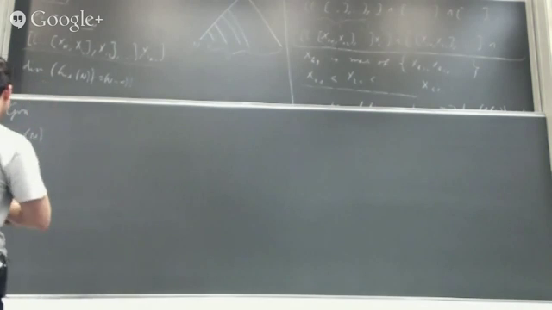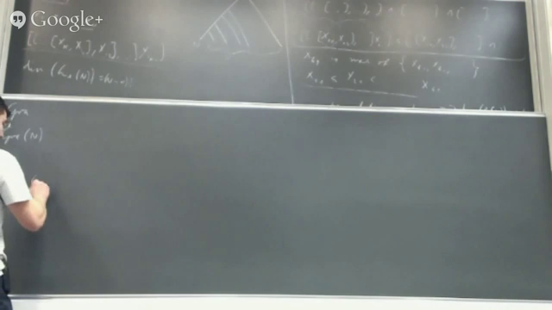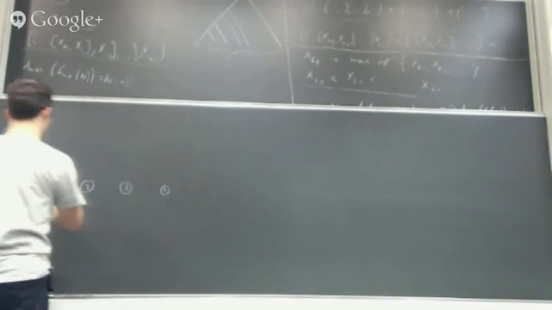Gra n has n inputs, but the inputs are here vertices. Vertex 1, vertex 2, vertex 3, and vertex 4, for example, in Gra 4.